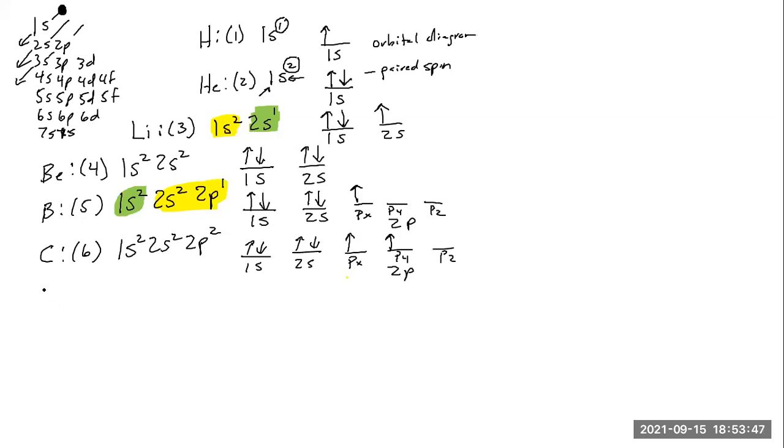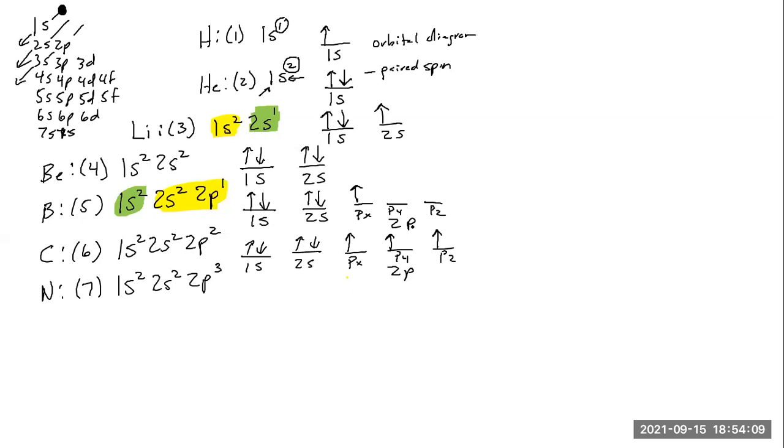Number 7, which is nitrogen, would have an electron configuration again starting at top, 1s2, 2s2, 2p3. And again, the third one would come here. I'm just going to borrow this so I don't redraw it. The third electron at that point would go in there.